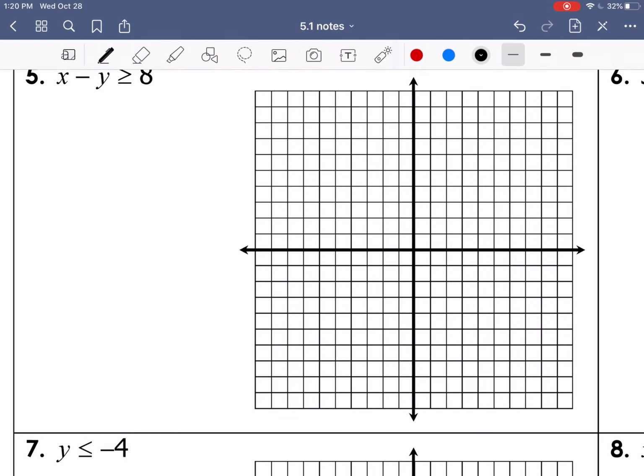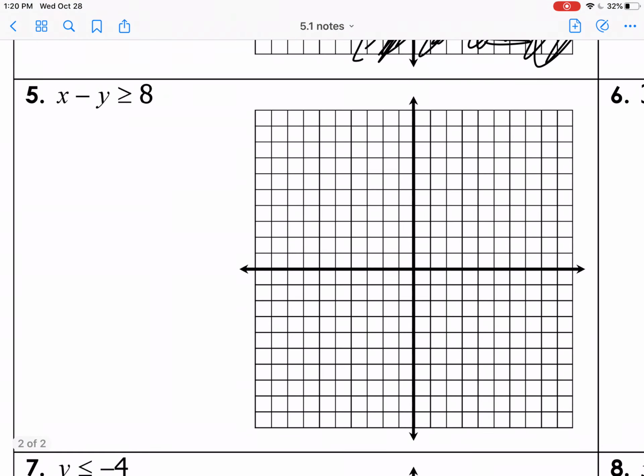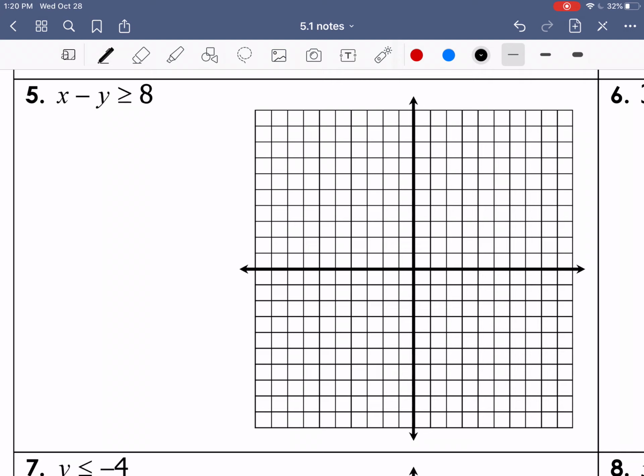Five, same thing. Standard form needs to shift into slope-intercept, so I'm going to solve this for 4y. So, as always, you get rid of your x value first.